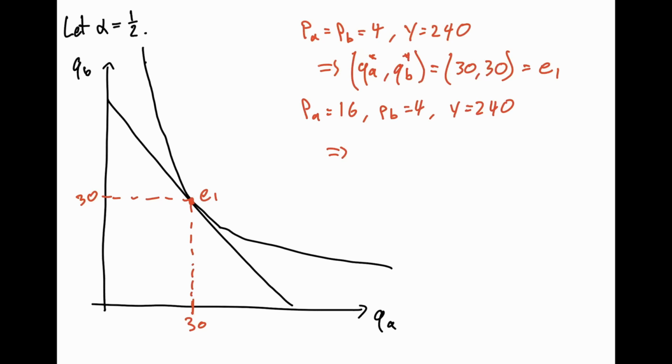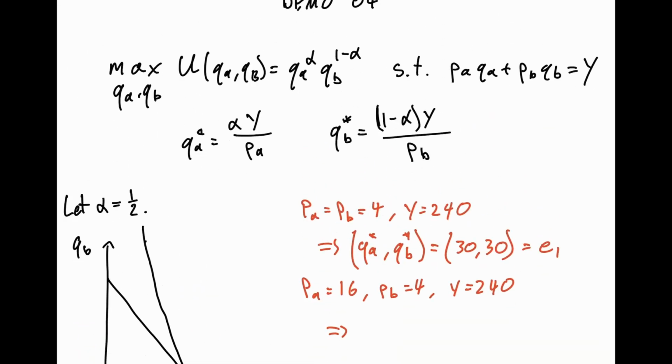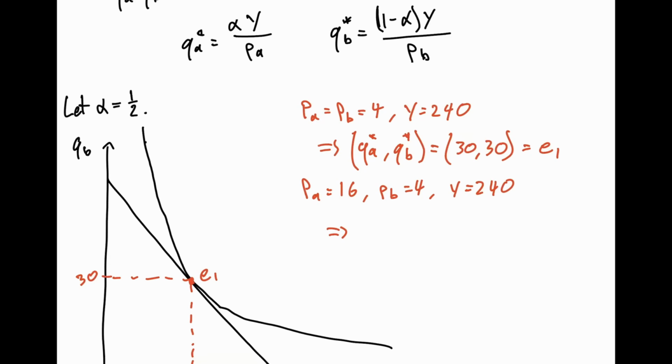One thing to realize, and we've already shown this in one of our homeworks, when the price of one good goes up, the quantity demanded is going to change only for that one good. So here, QB doesn't depend on the price of A going up.